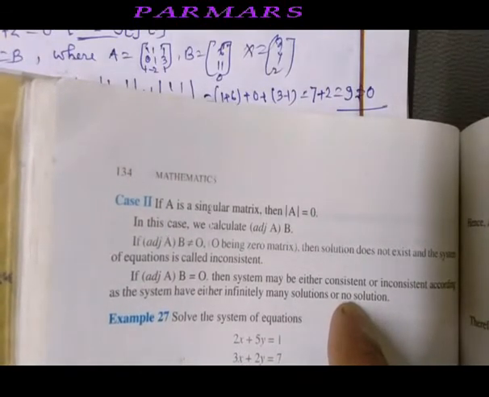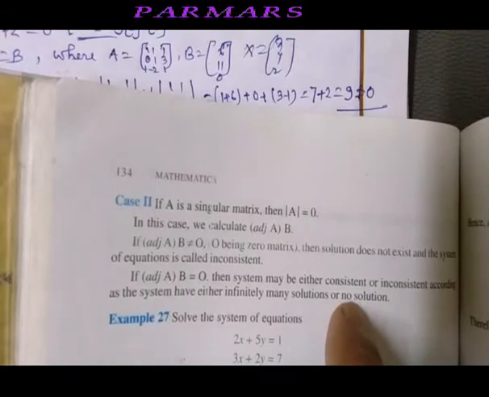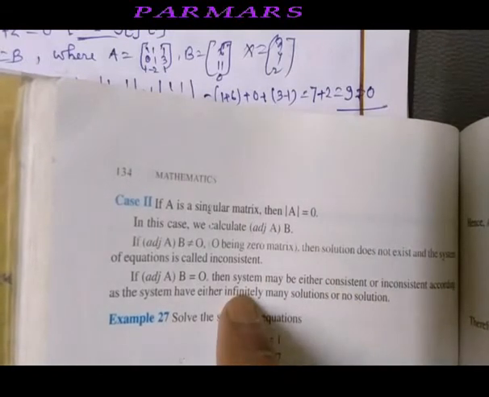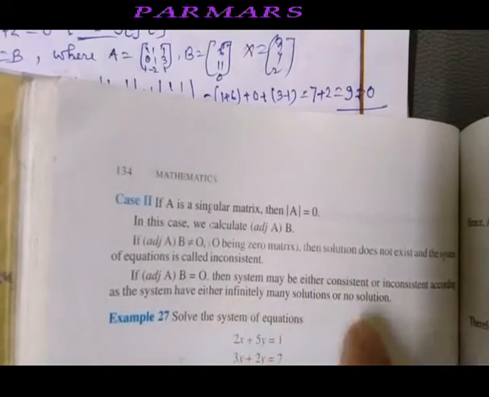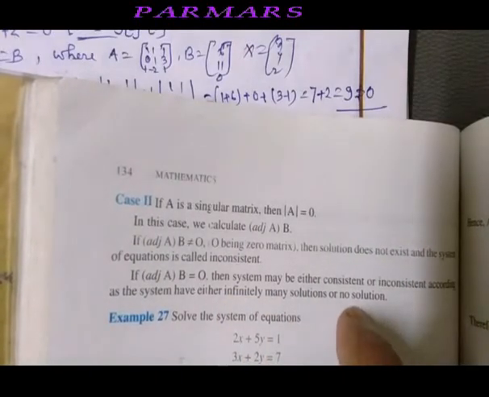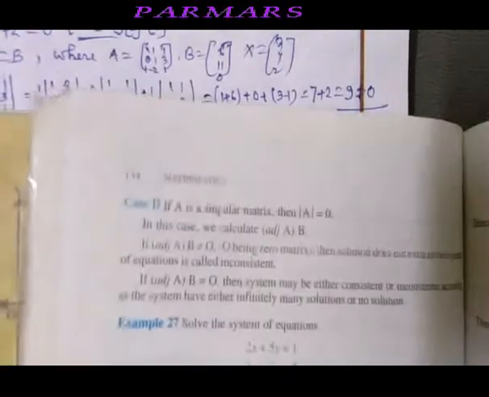Again I said, take any variable as constant, solve for the other two variables, the second and third variable, and make the third equation satisfied. If it is satisfied, then the system has infinitely many solutions, different values of k give different sets of solutions. If the third equation is not satisfied, then the system has no solution and it is said to be inconsistent. So these are a few questions.